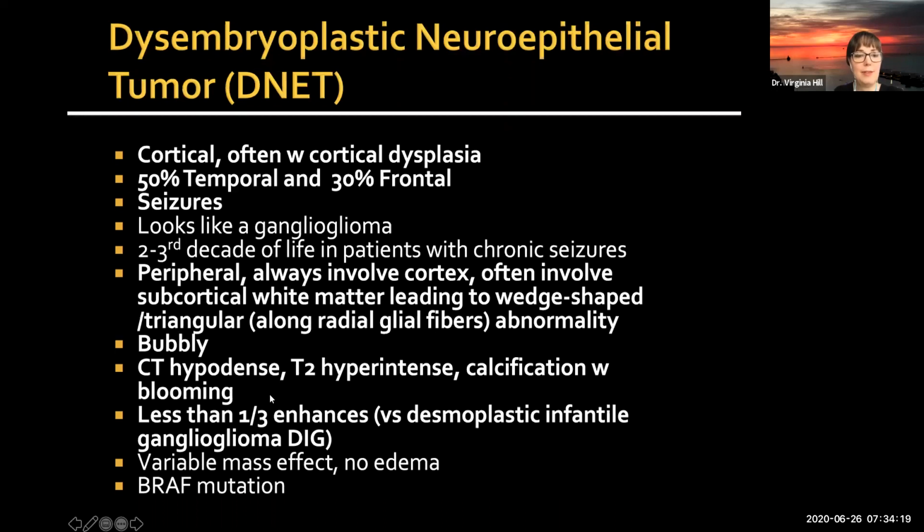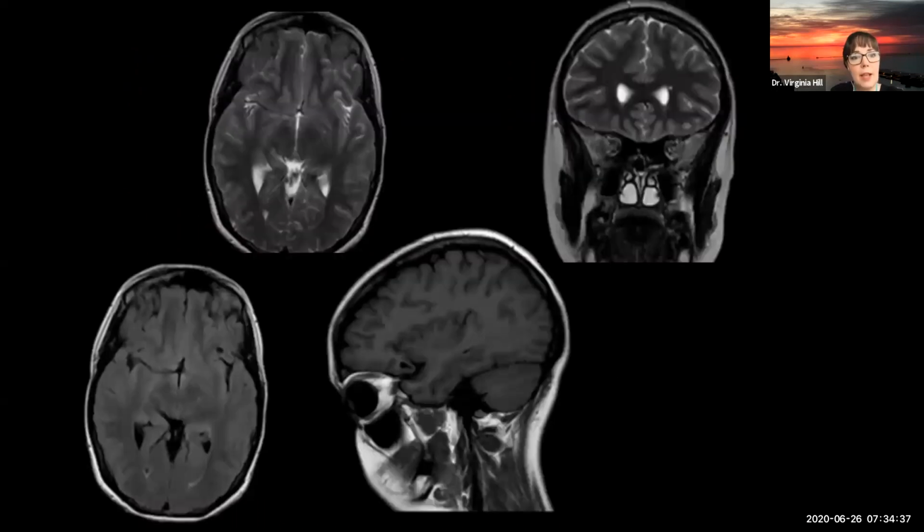They are bubbly, CT hypodense, T2 hyperintense with calcification with blooming. Less than a third will enhance, which differentiates them from desmoplastic infantile ganglioglioma. They can have variable mass effect and no edema, and they are associated, again, with a lot of cystic tumors with a BRAF mutation.